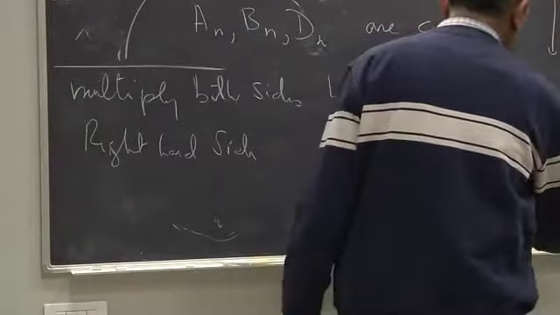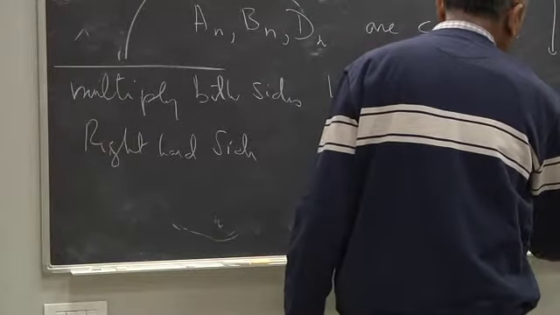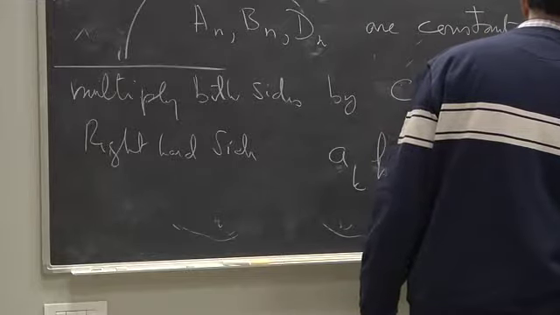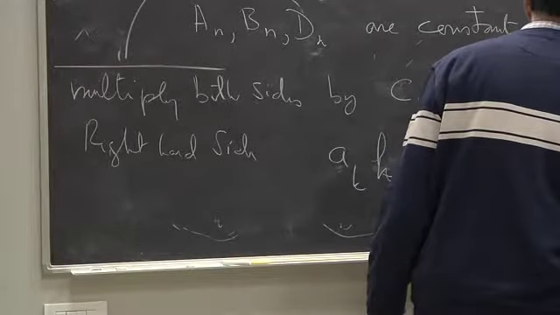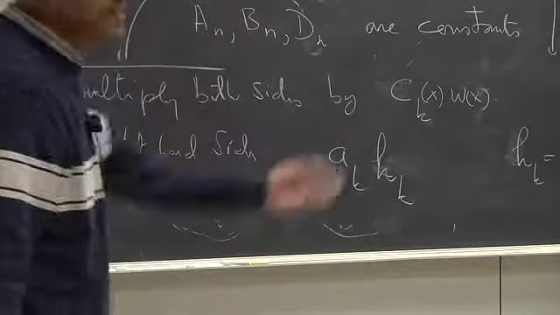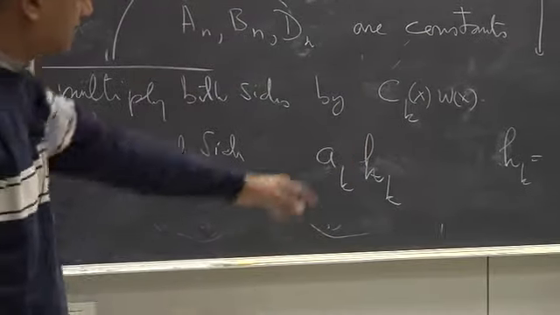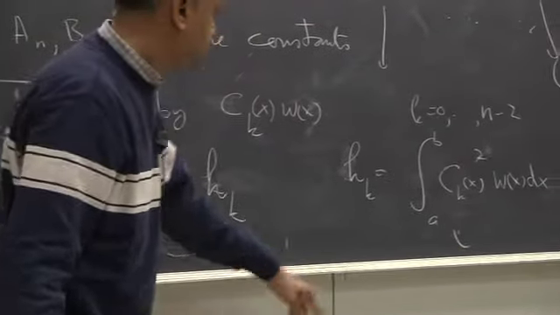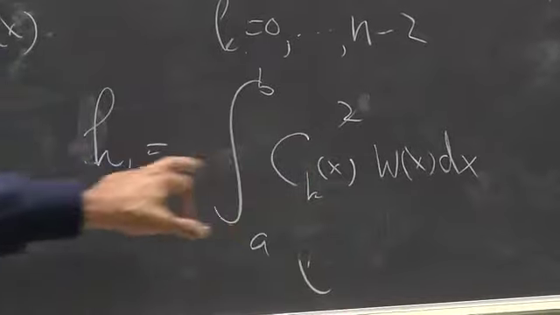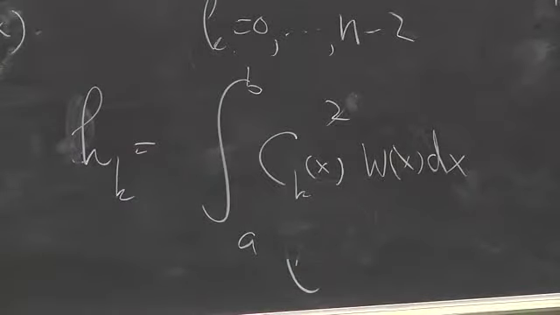By definition, h_k is this norm length squared: h_k is the integral of c_k(x) squared times w(x) dx in the appropriate interval. It'll be some number. It's certainly a non-zero number, because this is positive, that is positive, everything is positive. So this is certainly a non-zero number. Okay, so the right hand side gives you that.